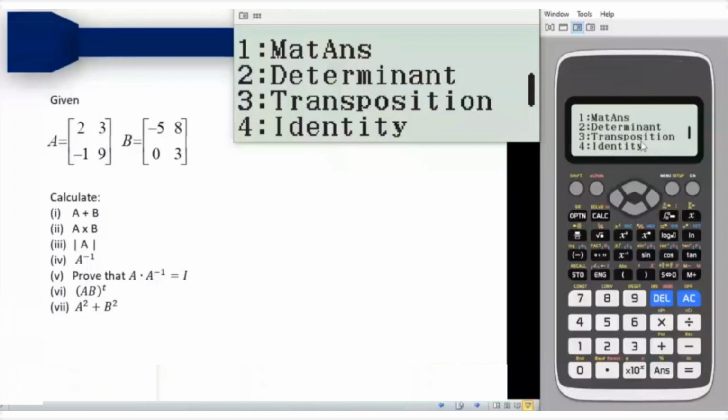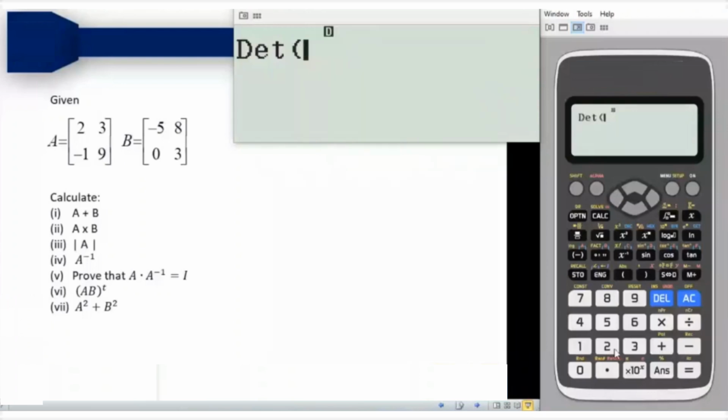Since my concern is determinant at this point in time, I will press 2. The calculator will ask me determinant of which matrix. I will press option. I will press 3 because I need to find determinant of matrix A. It's important that I close the bracket. I close the bracket and I press equals to.